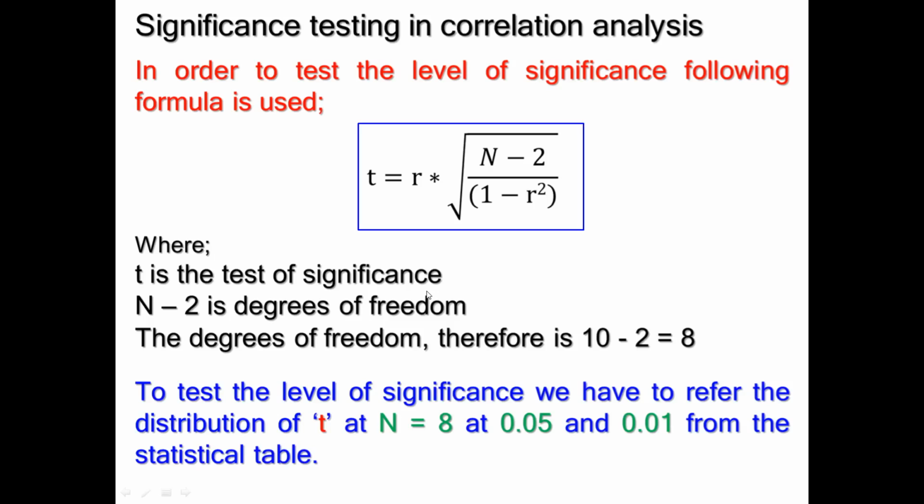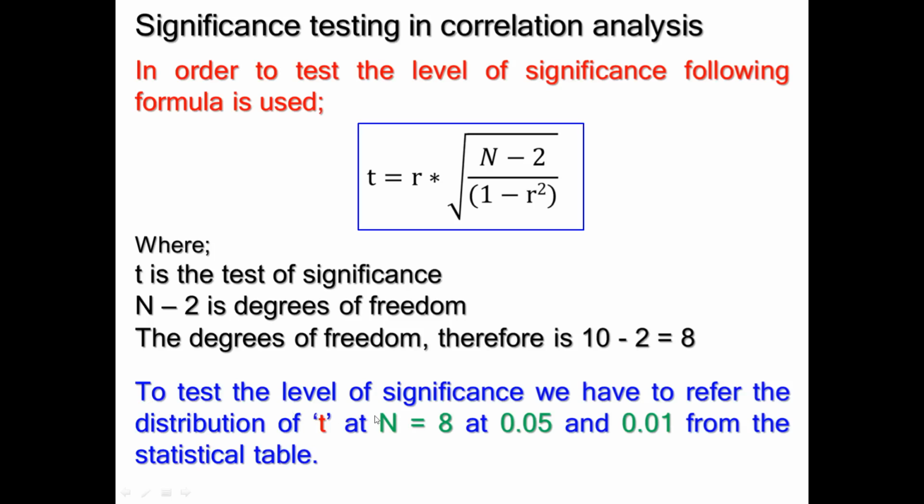N minus 2 is the degrees of freedom. In this case we have 10 observations, 10 for x and 10 for y, but we have 10 pairs. That's why the degrees of freedom is 10 minus 2, so that comes to 8. The degrees of freedom is 8.